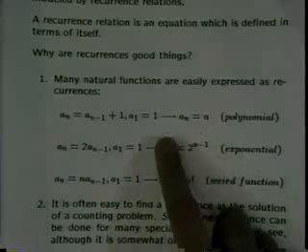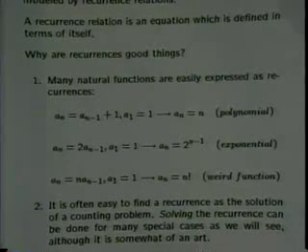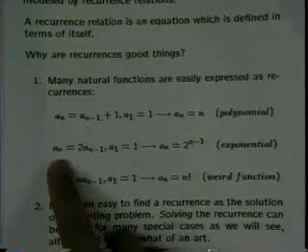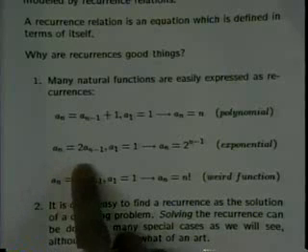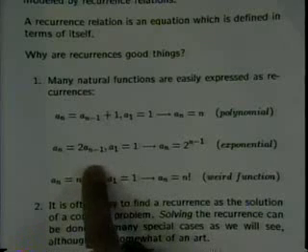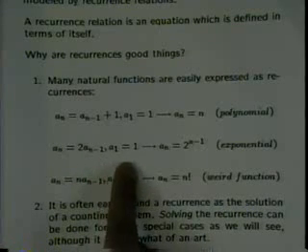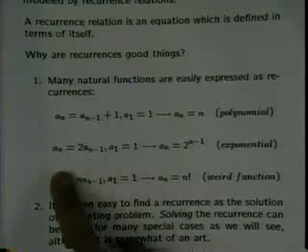Okay? And with similar kinds of recurrence relations, it turns out you can express any polynomial by a nice simple recurrence relation. You could also express any exponential by a nice simple recurrence relation. So for example, let's consider the recurrence relation a sub n equals 2 times a sub n minus 1, where the initial condition a sub 1 is equal to 1. What does that mean?